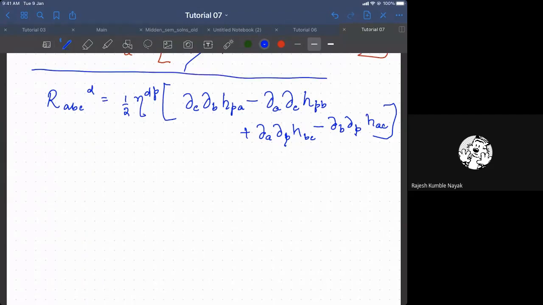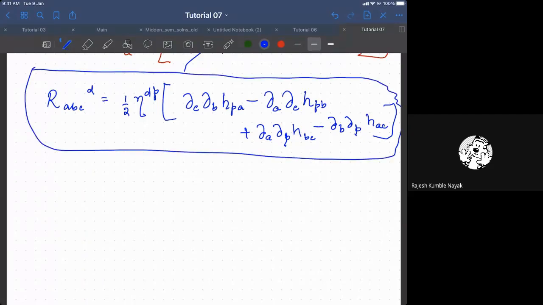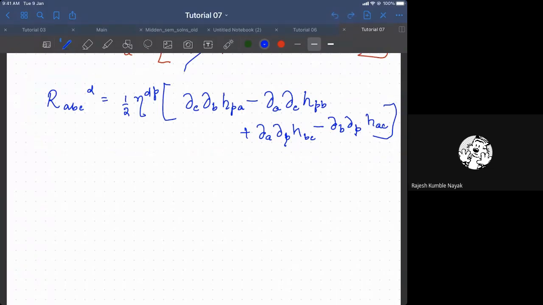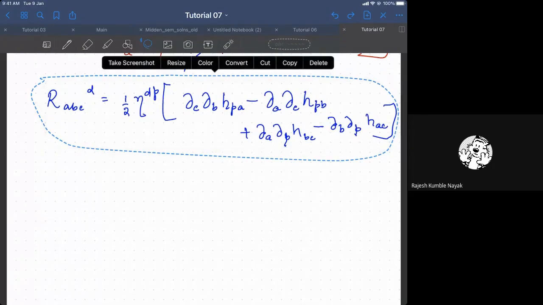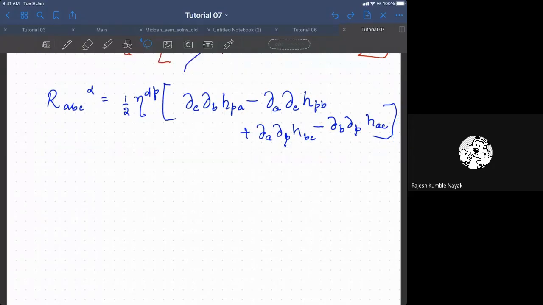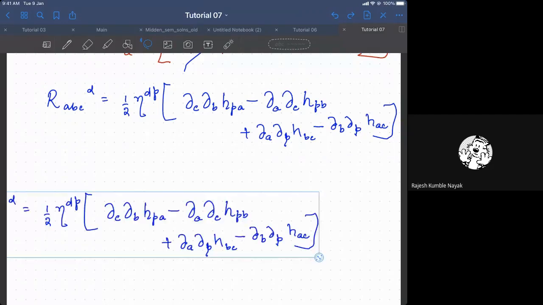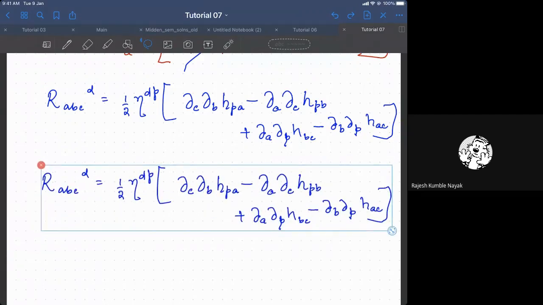My hands are a bit shaky after writing so much. So let me do something. Let me copy this and simply paste it here. And I want you to see what I am doing.